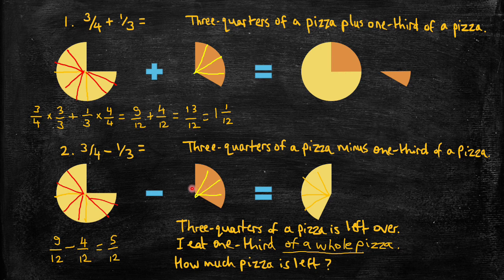It's 1/3 of a whole pizza, and that is equivalent to 4/12 of a pizza. So if I start with 3/4 of a pizza, which is 9/12, and I eat 1/3 of a pizza, which is 4/12, I'm going to end up with 5/12 of a pizza, which is what I've got in my picture here.